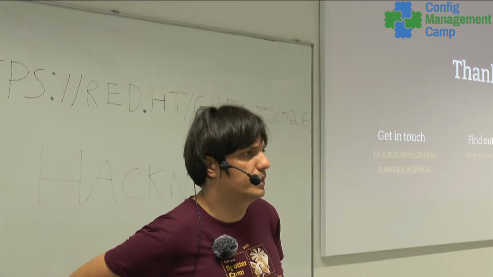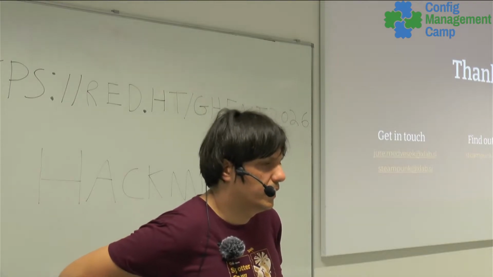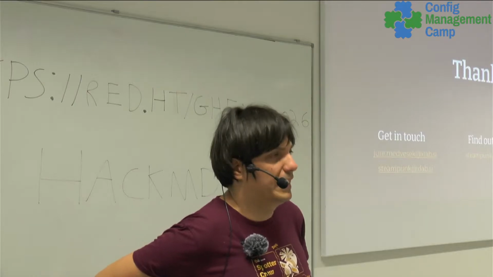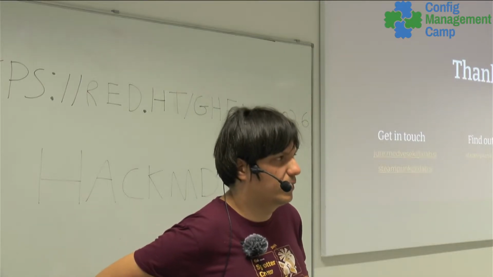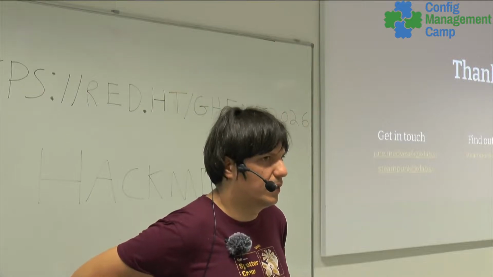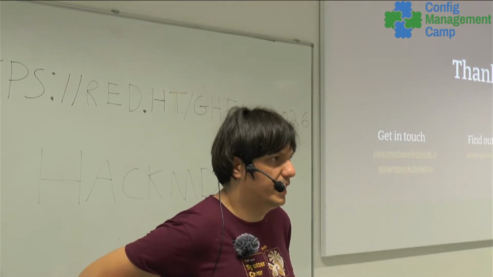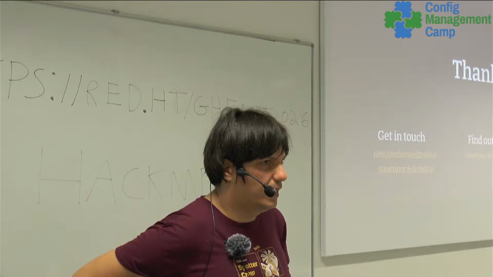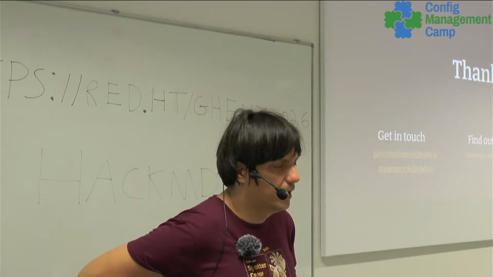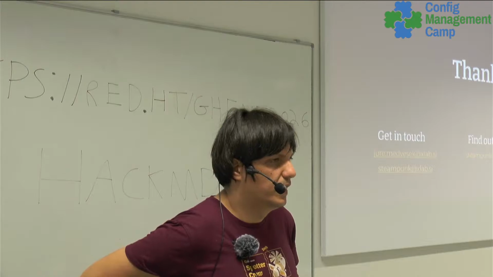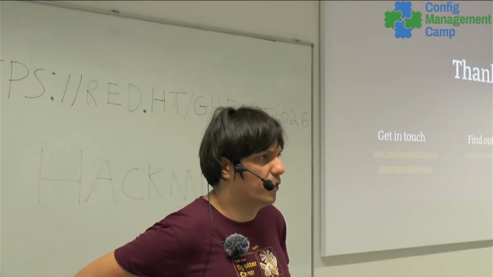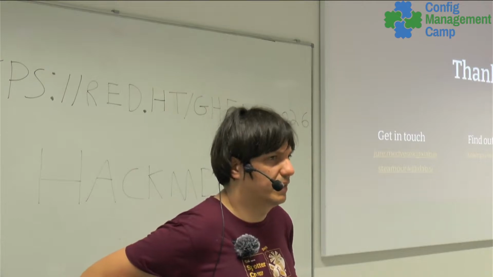Okay, your question is, since the variable precedence is hard, you would like to know if with the help of this tool you can find out how the variable gets its values in the end. At the moment, I would say no, because that precedence is calculated before we enter the tasks themselves.